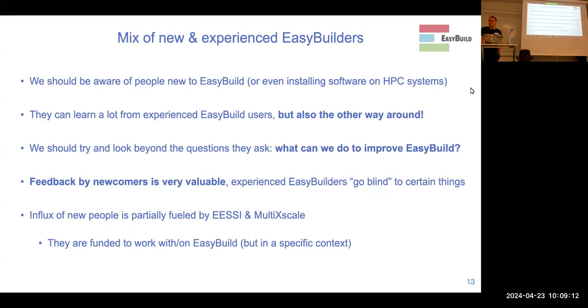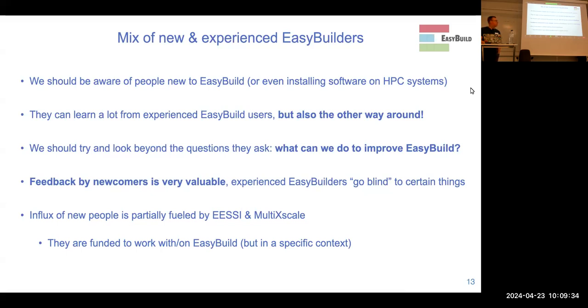Now, I think in general, we're quite good at that, especially in Slack. I think we're fairly welcoming. If questions are raised there, usually somebody is answering those questions. It's also different people answering questions. At least that's what I'm seeing at a very high level. And I think that's very good. I hope we can keep that up.